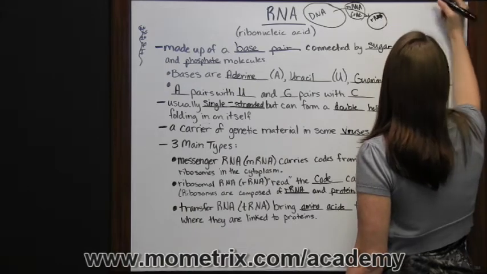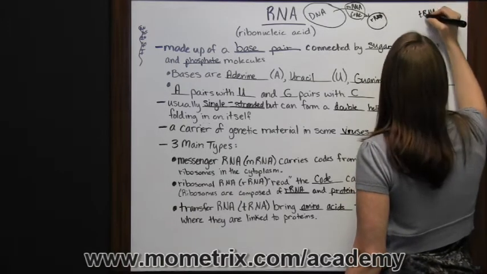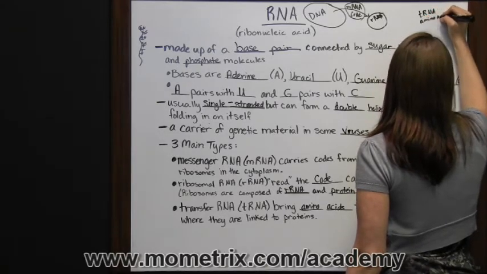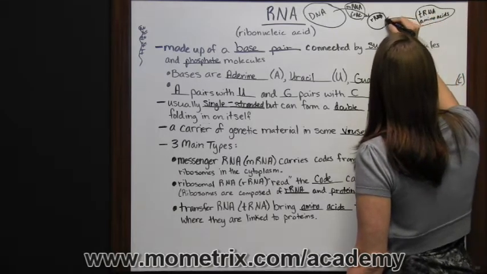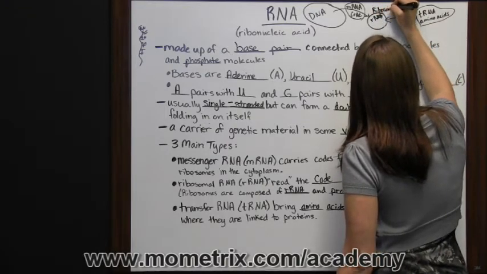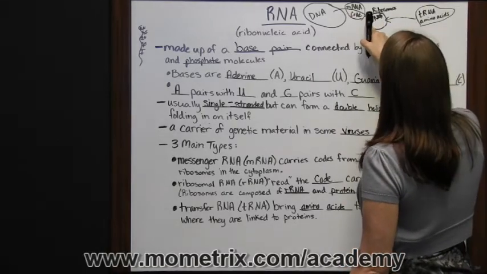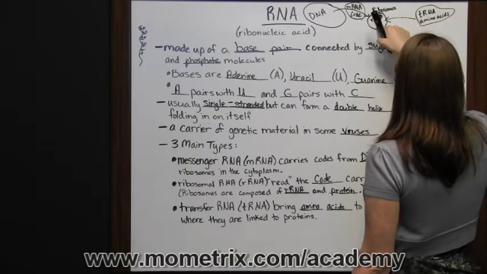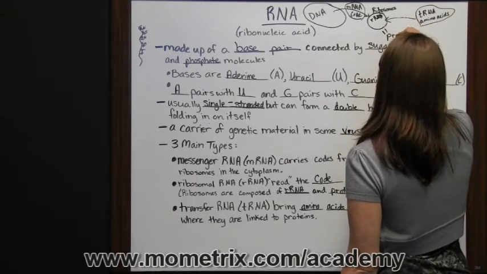And then you've got transfer RNA out here, and it's going to bring amino acids into the ribosome. So you've got your ribosome here, and your ribosome holds the RNA. It takes in the mRNA, reads the code from DNA, it takes in the transfer RNA and picks up these amino acids, and out comes a protein.